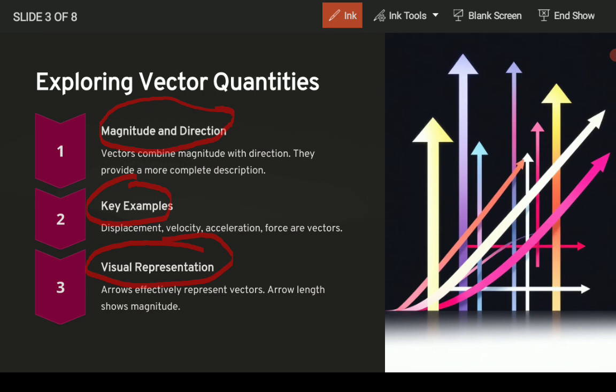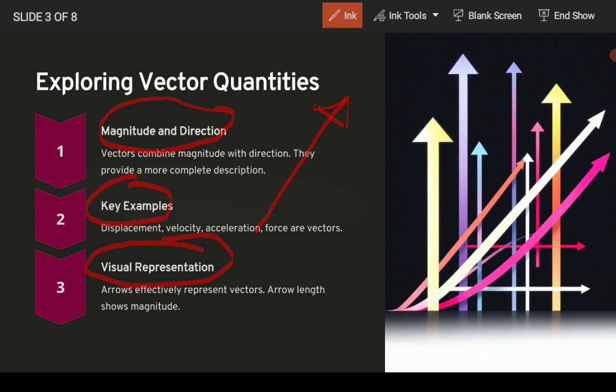So the longer the line, the bigger the magnitude of the vector quantity. You can use a line like this, but at the end of it you put an arrow. The length of the line depicts the magnitude of the vector, while the arrow indicates the direction in which that vector is headed.